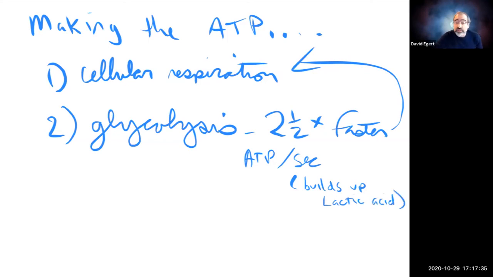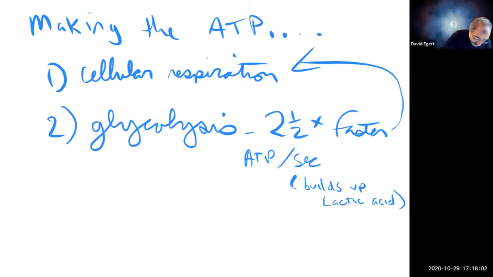And also it's only going to have the sugar that is available in the moment. We're going to see this: the muscle cells that are optimized for using glycolysis are going to have little glycogen granules just stored within the muscle cell itself. So you have kind of a supply of sugar ready to go. And it's only going to go for as long as you have sugar in the muscle.